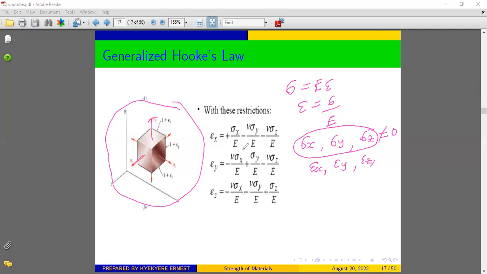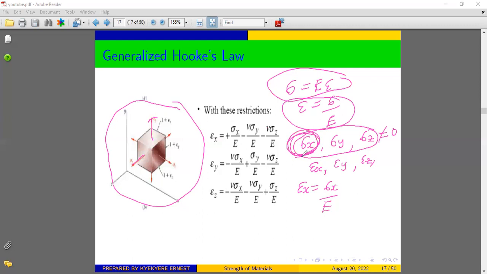So from here, we can see that on the x-axis, from Hooke's law, the strain in the x-axis is going to be the stress in the x-axis over the modulus of elasticity E. This is the principal strain as a result of the stress on the x-axis.